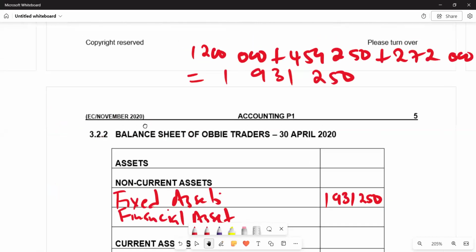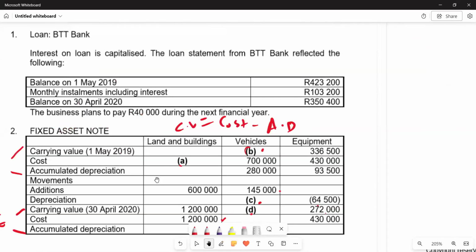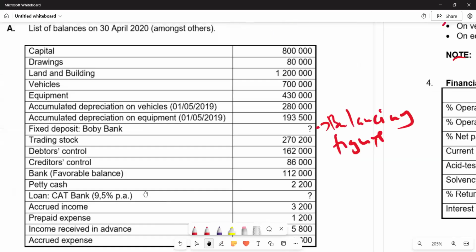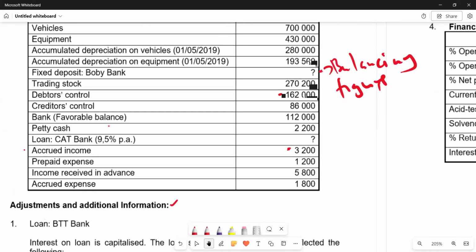So we come here and check those items. We start with our debtors control. We have it here, 162,000. We check for prepayments of expenses or accruals of income. We've got accrued income here, the amount of 3,200. Prepayment of expense again, it's here, 1,200. So to get the total now, we are saying 162,000 plus 3,200 plus 1,200.